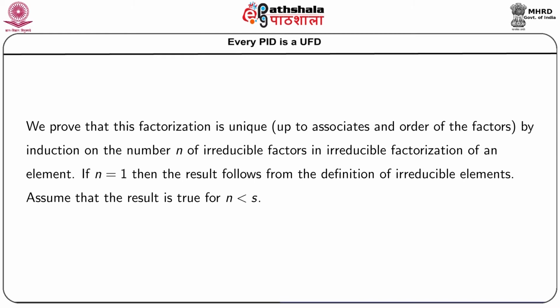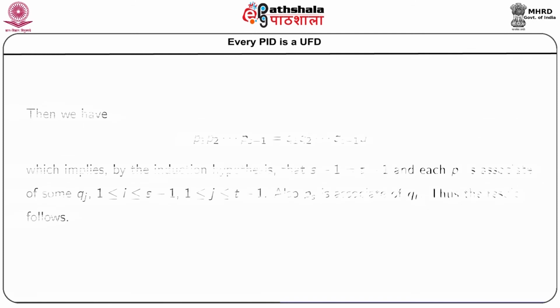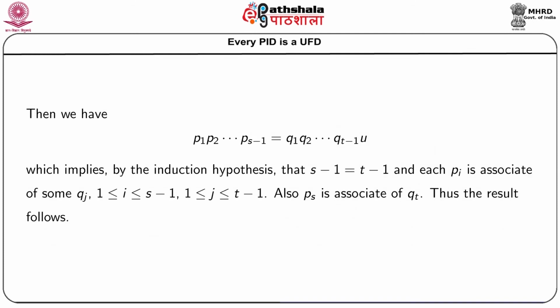Since both Ps and Qt are irreducible elements in D, this implies that Qt is an associate of Ps, that is Qt will be equal to Ps times some unit u. Then we can cancel Ps from both sides and get P1, P2 up to Ps minus 1 is equal to Q1, Q2 up to Qt minus 1 times u.